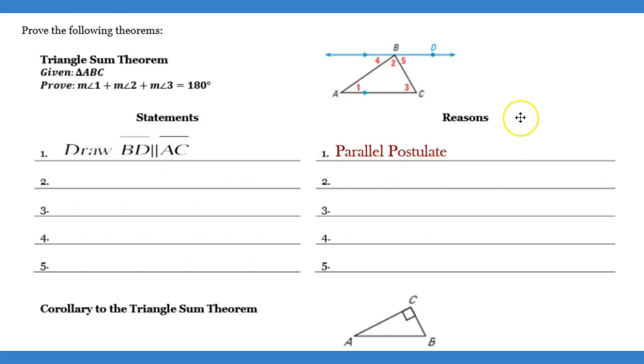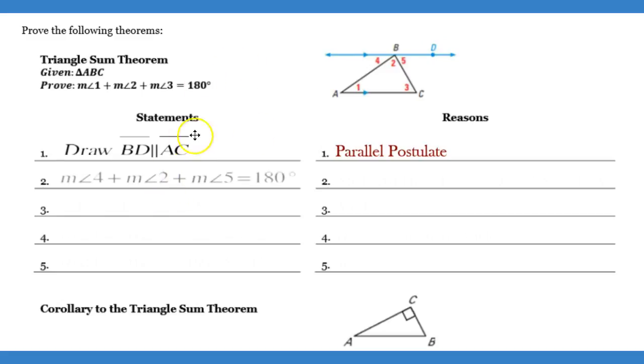So then the next thing I want to do is I want to think about, what does that do? When I draw that line, it creates two more angles. I have angle 2, that's on the inside of my triangle. But I also now have angle 4 and angle 5. And I know that BD is a straight angle.